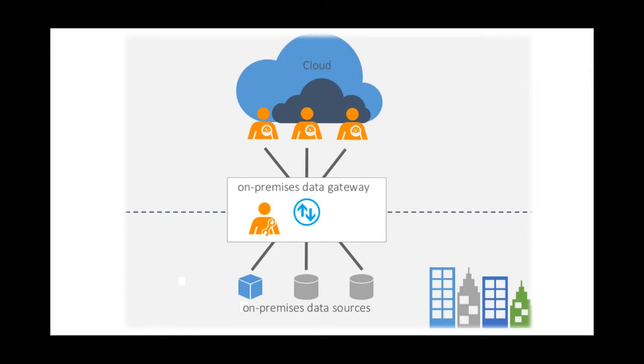Or say you want to create a Power BI report with data stored on premises that you want to automatically update with current data and share with others inside and outside your organization through the Power BI cloud service. This can be achieved by leveraging Microsoft's on-premises data gateway. So let's talk about the on-premises data gateway first, since this is the main topic of our presentation today.